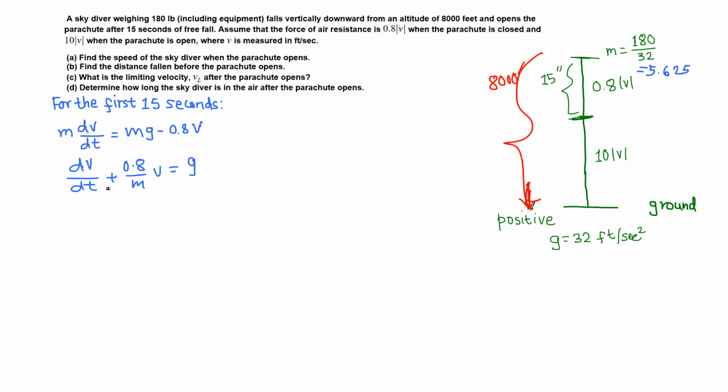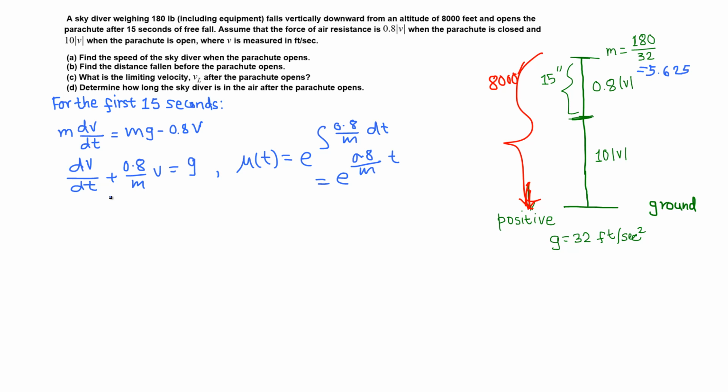This is a linear ODE in v with respect to t, so the integrating factor is e raised to the integral of 0.8 over m dt, which is e to the 0.8 over m t, since this is a constant.